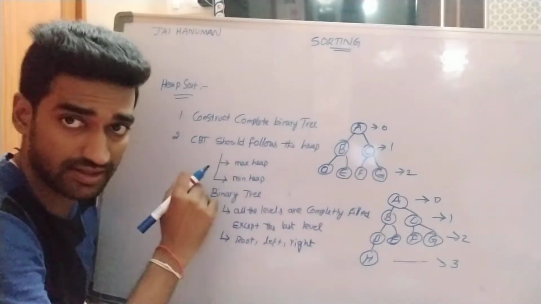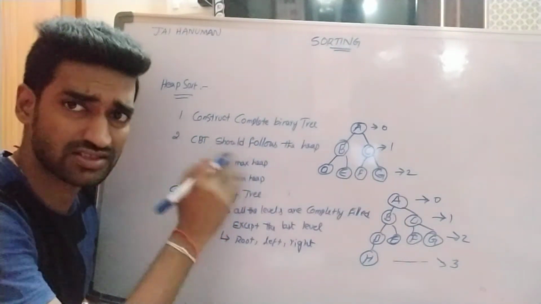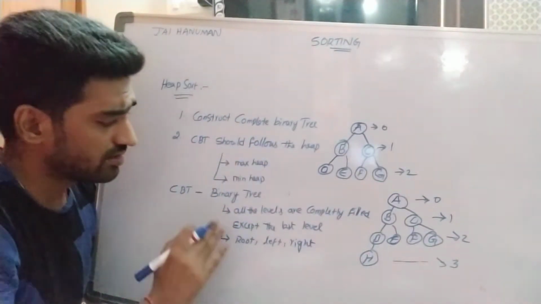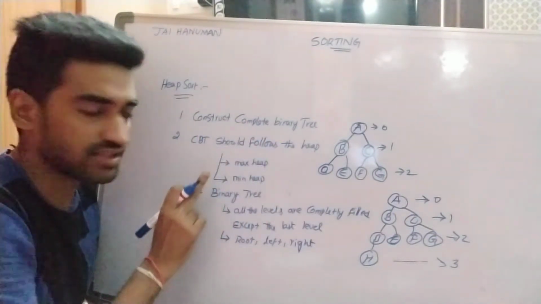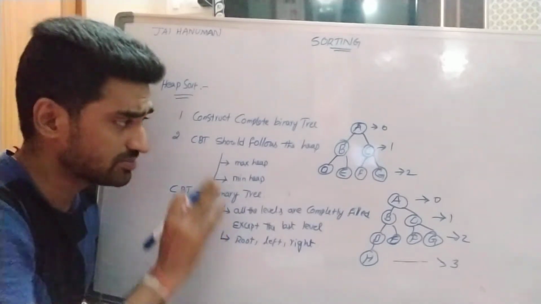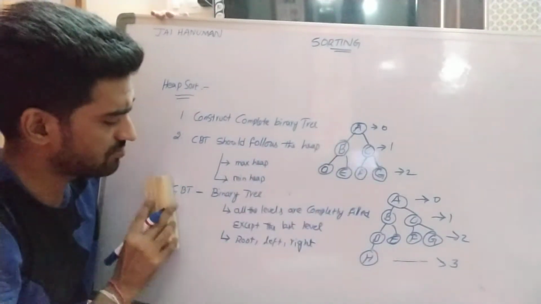So after completion of construction of the complete binary tree, the complete binary tree should follow the heap order, either max heap or min heap order, right? First of all, we are discussing what is max heap. What is max heap?